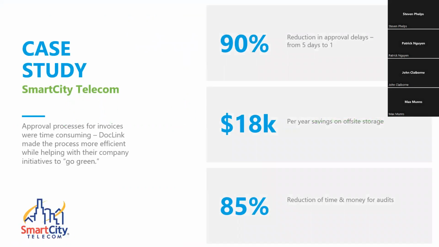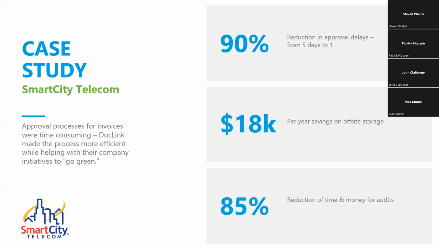One of our longtime clients is Smart City Telecom. Following multiple mergers and acquisitions, they're a leading provider of event technology services nationwide. The company wanted to make the approval process for invoices more efficient and was also motivated to go green, so going paperless and more efficient workflow.